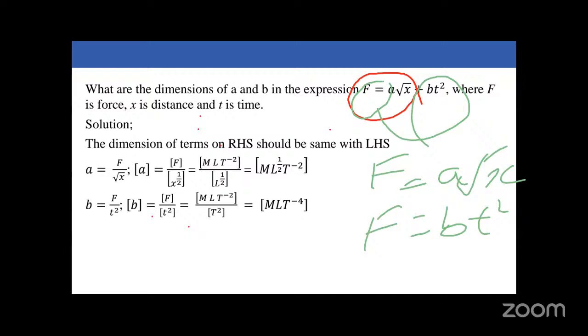That is what it means. By dimension, they must be equal.